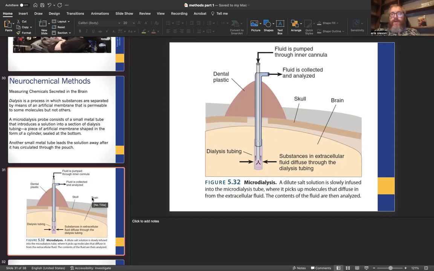What happens is you put that in, and then you start infusing a fake brain fluid into the brain through this tubing, so that when that fluid gets down to where the brain fluid is, it allows whatever chemicals are in that brain fluid to diffuse into the fake brain fluid, and that fake brain fluid to be pumped up so you can then measure chemically what and how much of different brain chemicals are in that region.